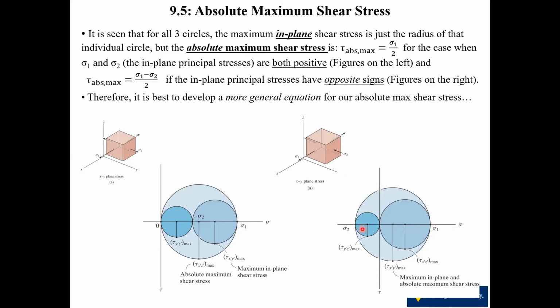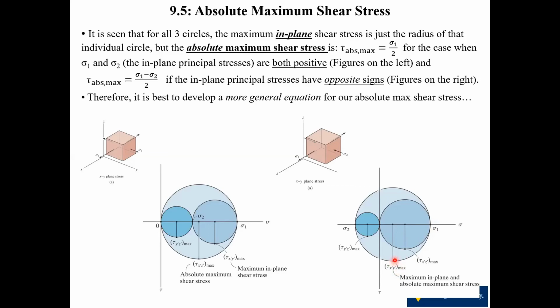If sigma 1 and sigma 2 are opposite signs of each other, meaning sigma 1's positive, sigma 2's negative, because sigma 1's always greater than sigma 2, that's going to give us our absolute maximum shear stress in the xy plane now, because that's our largest circle, therefore it has the largest radius and the largest maximum in-plane shear stress.